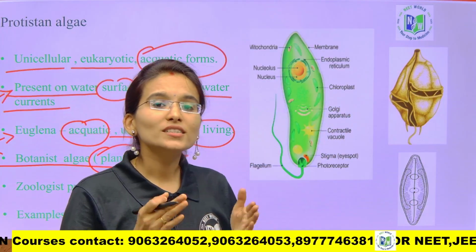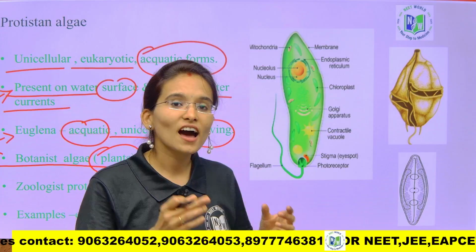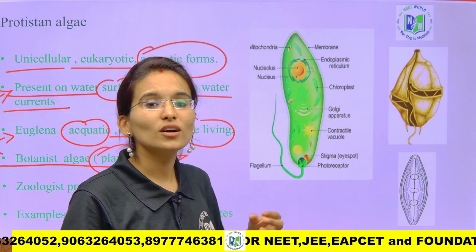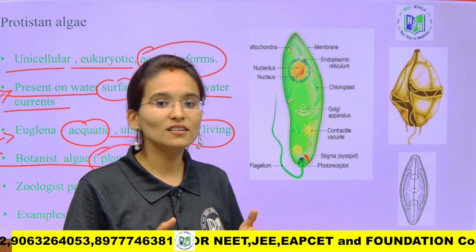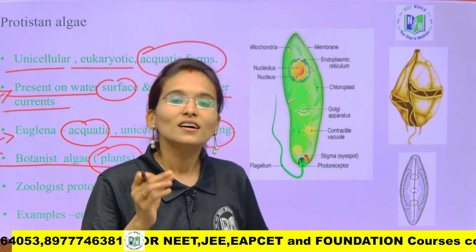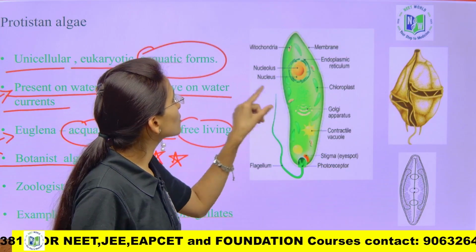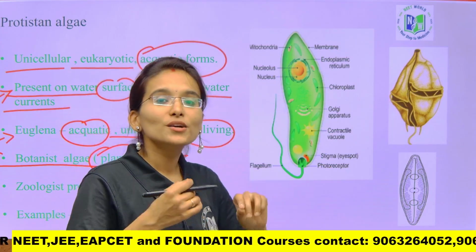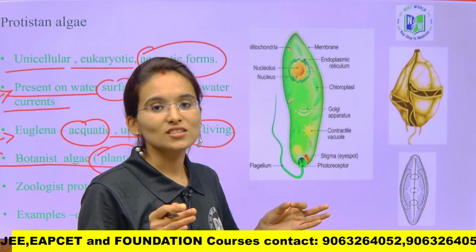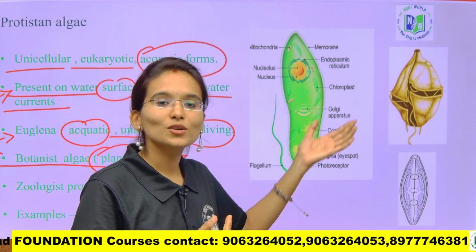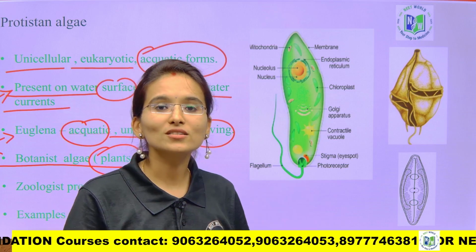Why? Based on which characteristic feature have they considered these as plants? What is the main characteristic feature possessed by plants? The presence of chloroplast. The presence of chloroplast defines a major differentiation and proves that this belongs to the plants.